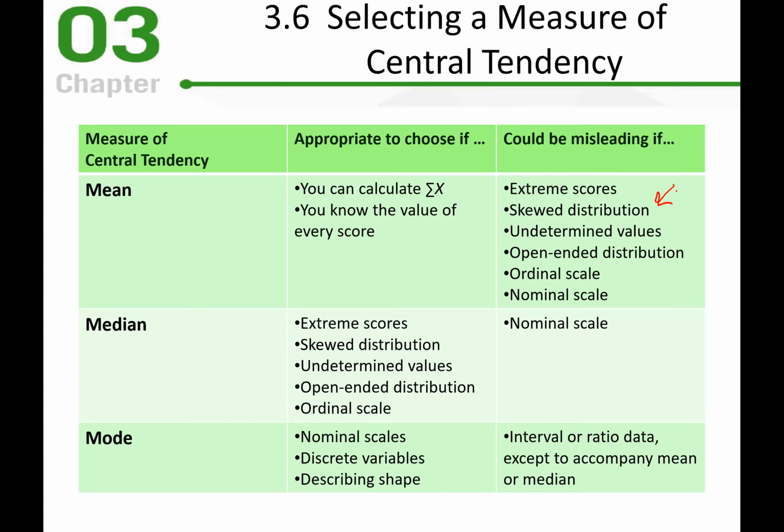It's also misleading to use the mean if you have undetermined values. Let me give you an example. Let's say we have a study where kids are doing a puzzle and we're timing the amount of time it takes to complete the task.